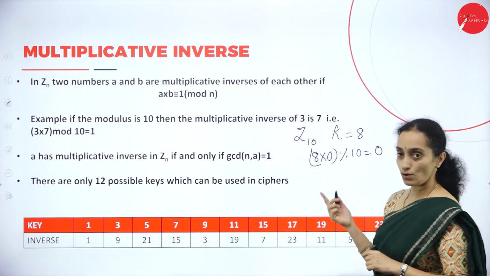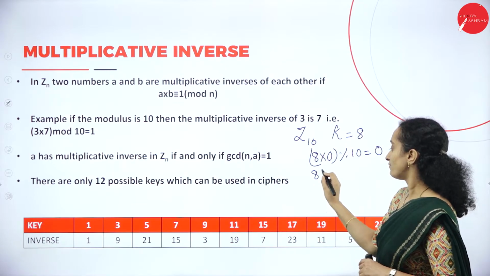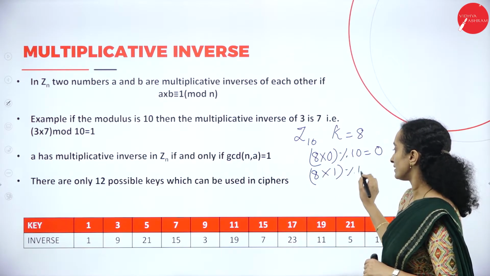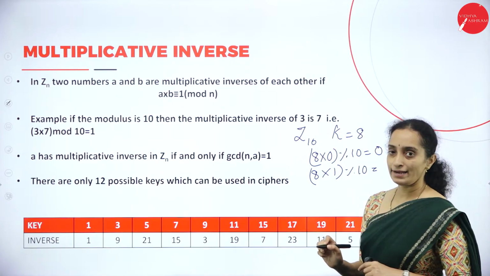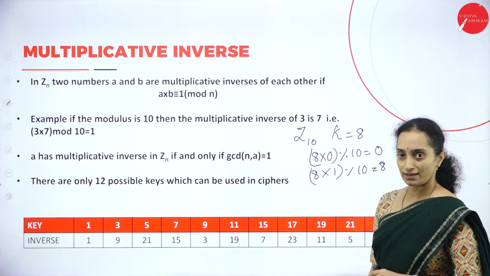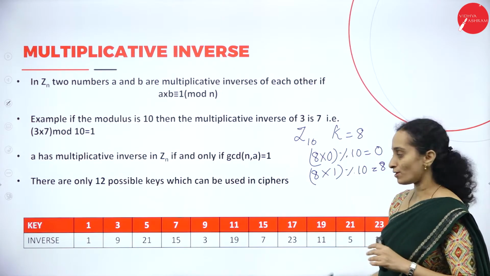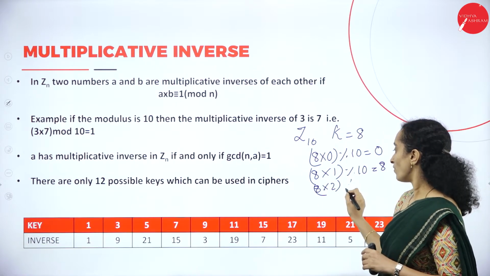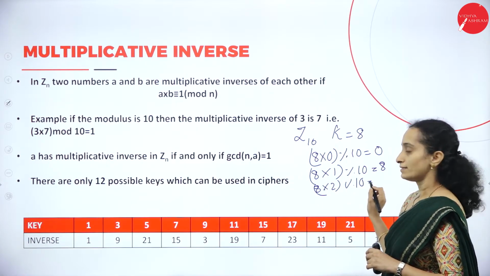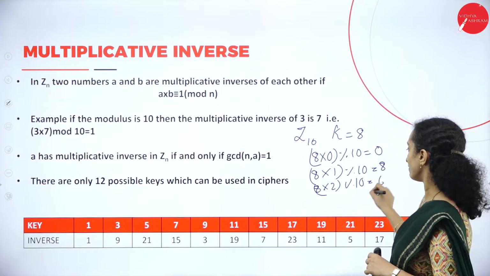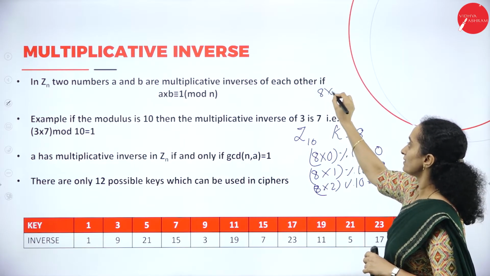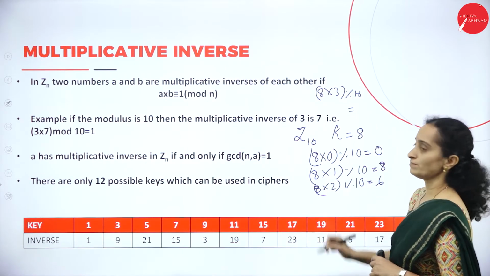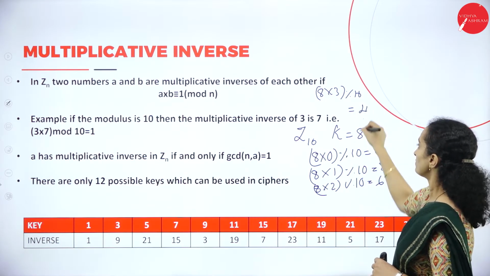That means 0 is not the multiplicative inverse. 8 into 1 is 8, modulus 10, remainder is 8, so it is not. 8 into 2 is 16, modulus 10 gives 6. 8 into 3 modulus 10 gives 4.